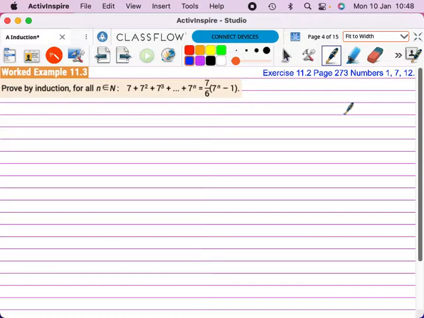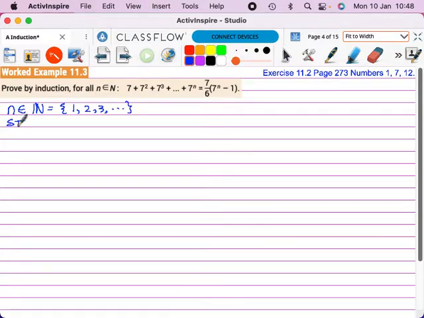So here we go. We're going to do a proof by induction that the equation above, the left-hand side, equals the right-hand side. We've been told in the question that n belongs to the set of natural numbers, and that set of natural numbers is 1, 2, 3, going on forever.